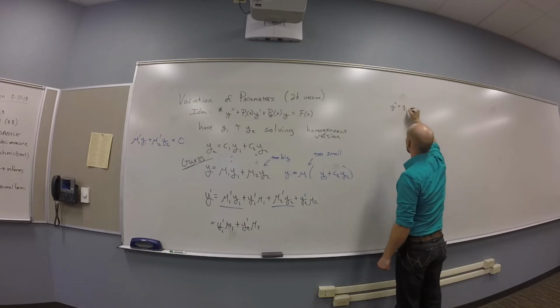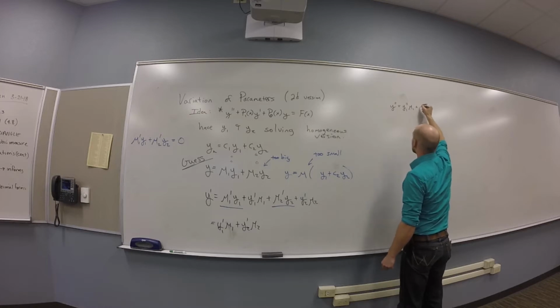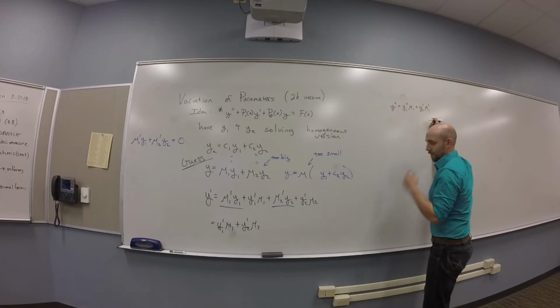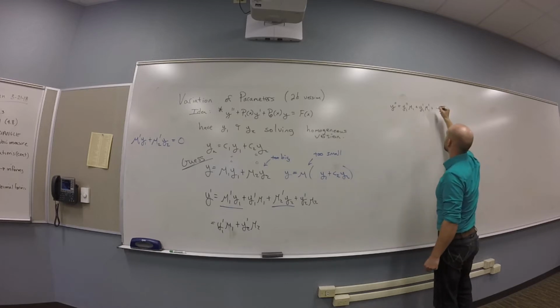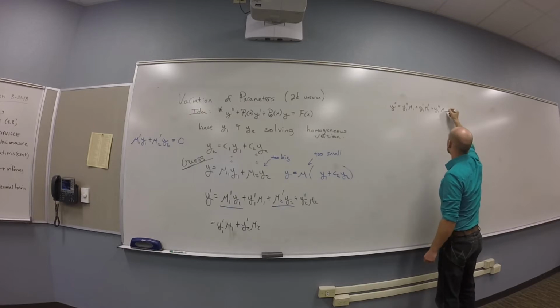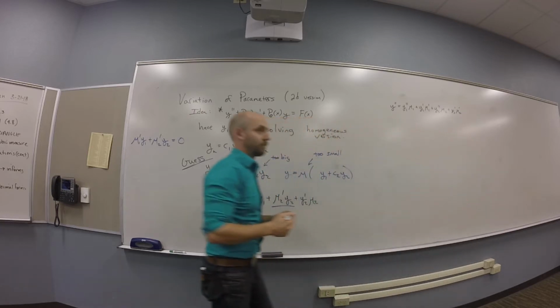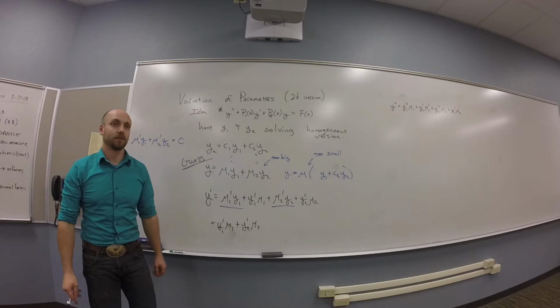So on this one I'm going to get y1 double prime mu1 plus y1 prime mu1 prime plus y2 double prime mu2 plus y2 prime mu2 prime. You guys good with this?